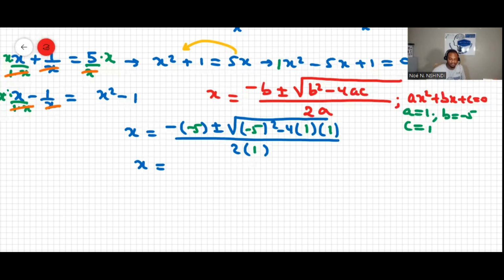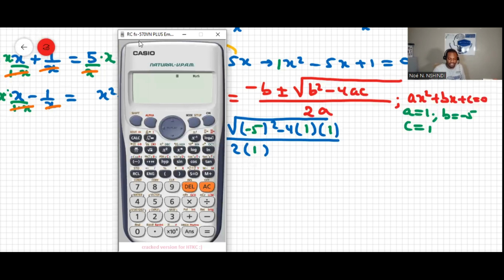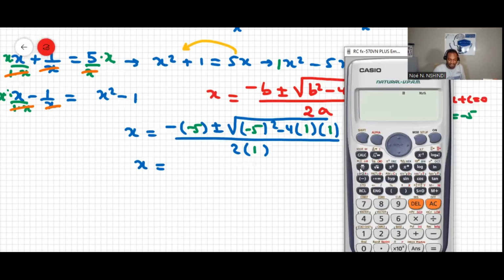We can use a calculator for that. I'm going to sub in the fraction, -4, open bracket, -5, close bracket, and then plus, and then square root of -5 raised to the power of 2, and then -4 times 1, times 1, close brackets, and then all over 2a, which is 2 times 1.